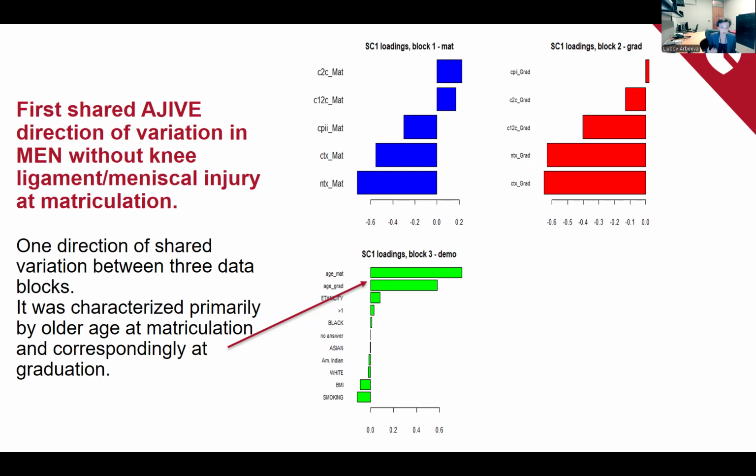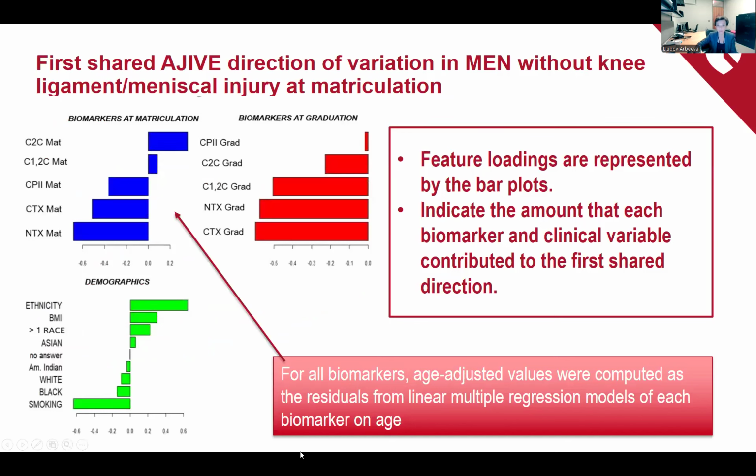So what about other demographic characteristics? To eliminate the strong effect of age and to allow the effect of other demographics, I used age-adjusted values of biomarkers in the first 2 blocks and removed age from block 3. Reran Arbeeva and enhanced the effect of other demographic characteristics.